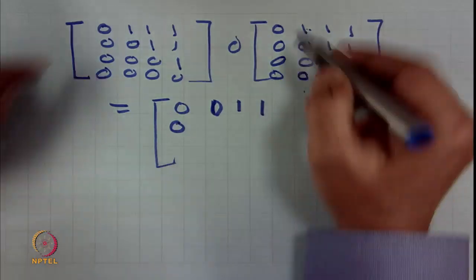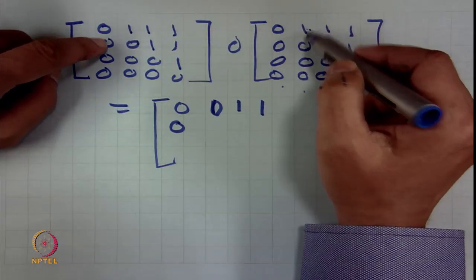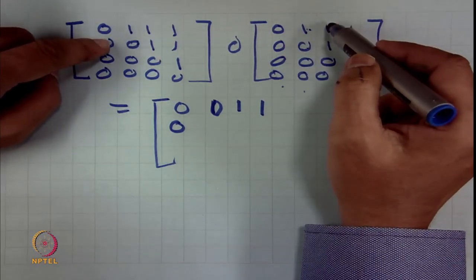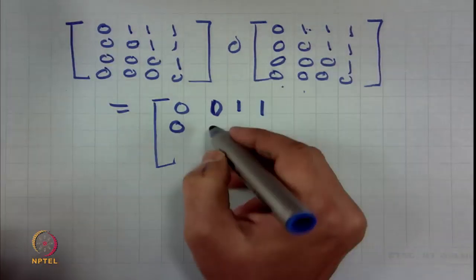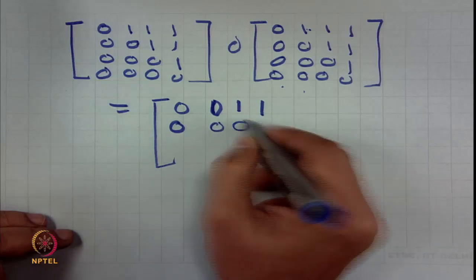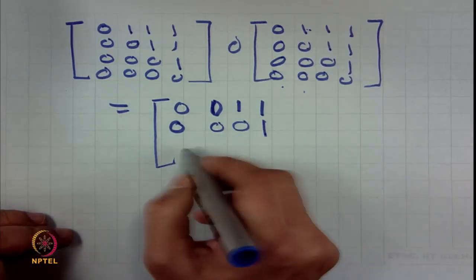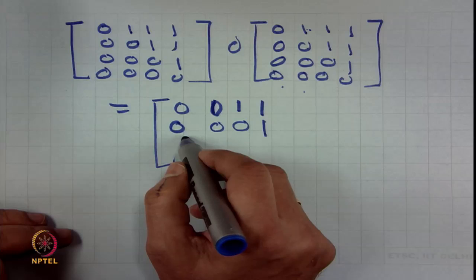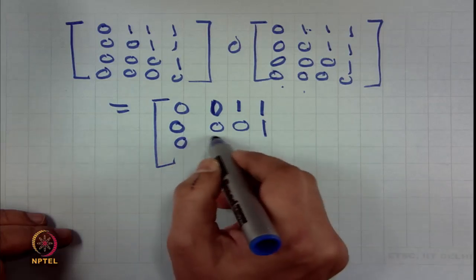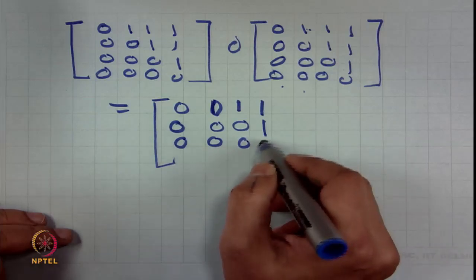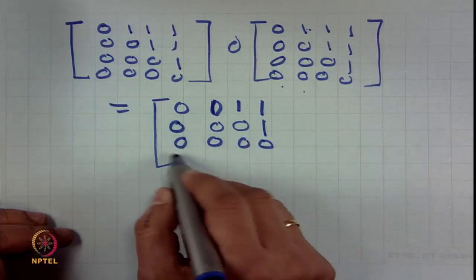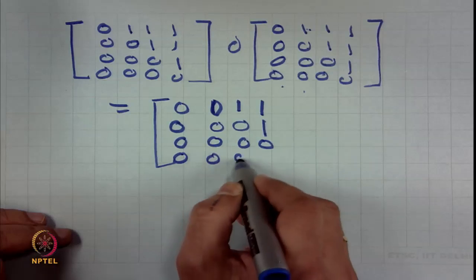In a similar way, 0 0 0 1, in a similar way. Now, we will get 0, 0, 0 and 0, and finally, of course, 0, 0, 0, 0.